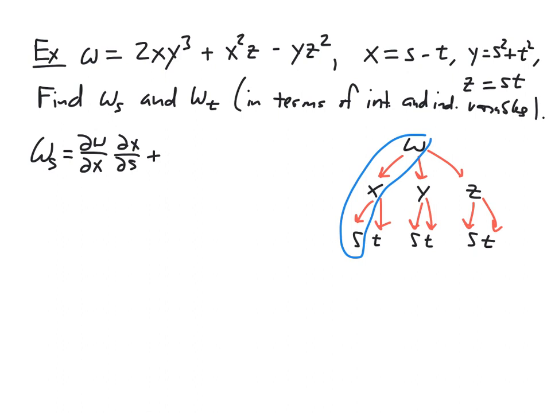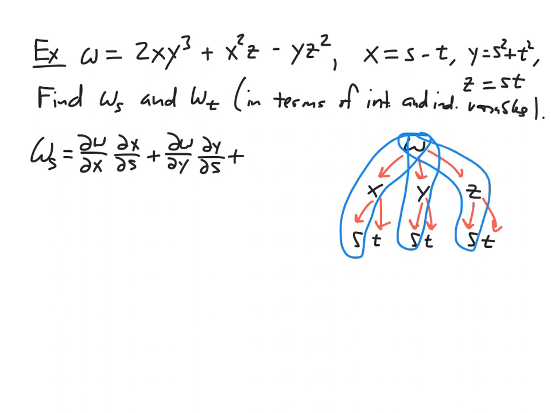We're then going to look at the middle, and we can see that we can get there along this path. So that's del w del y times del y del s. And the third way we can get down to s is going through z. So that's del w del z times del z del s.